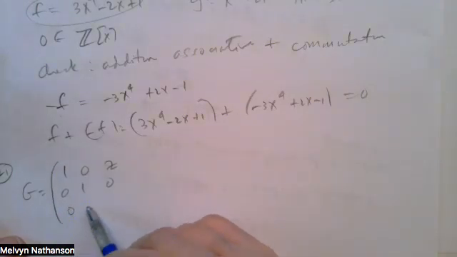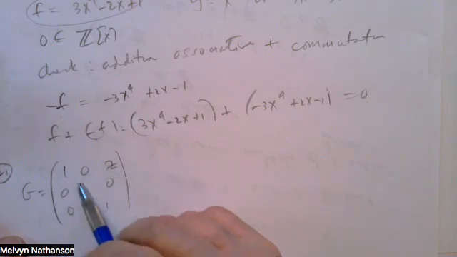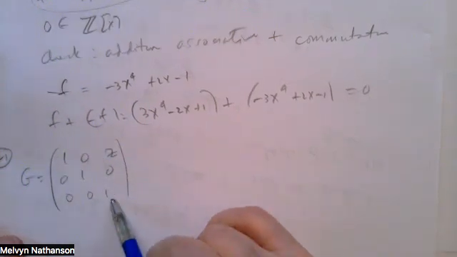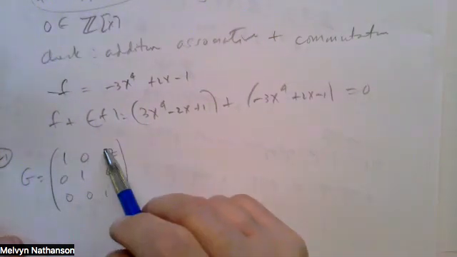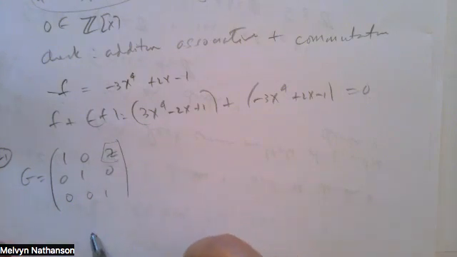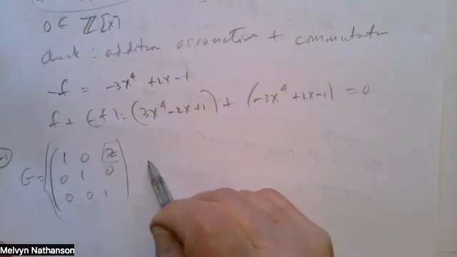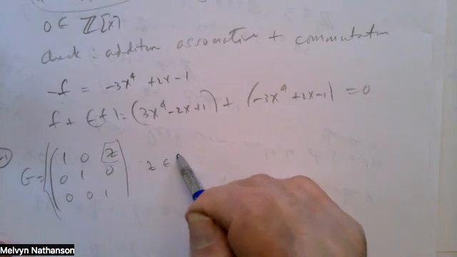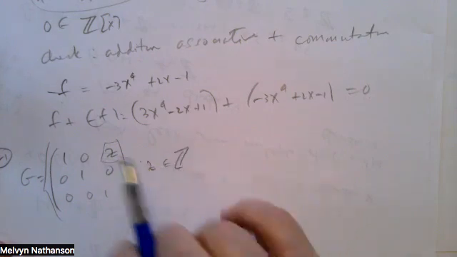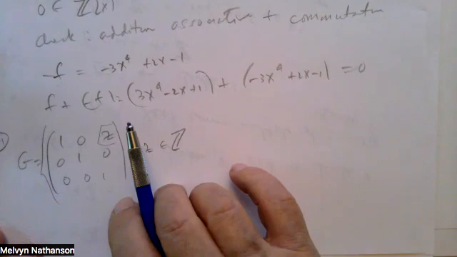G is 3 by 3 matrices with 1s down the diagonal, 0s everywhere else except in the upper right-hand corner. So you look at all such matrices with integer coefficients in this case.